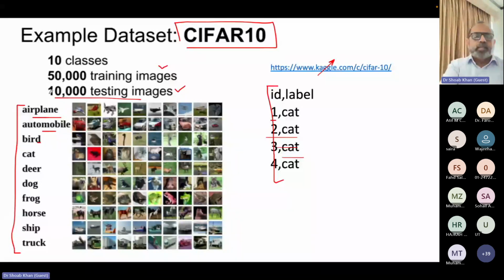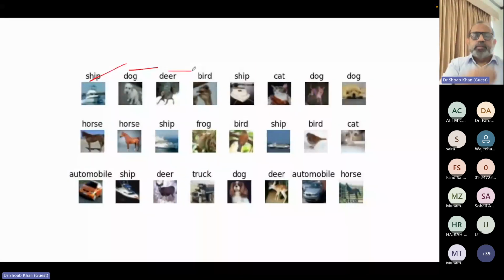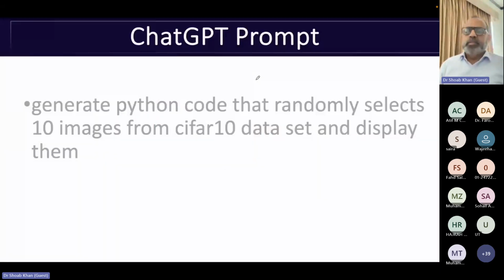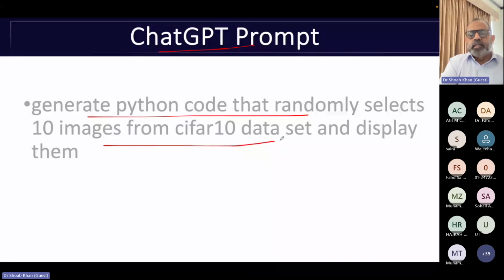These are images of a sheep, a dog, a deer, a bird and a ship. I wanted to load this data and see some of these images so that I can work on them. So I gave this prompt to ChatGPT: generate Python code that randomly selects 10 images from the CIFAR-10 dataset and displays them.